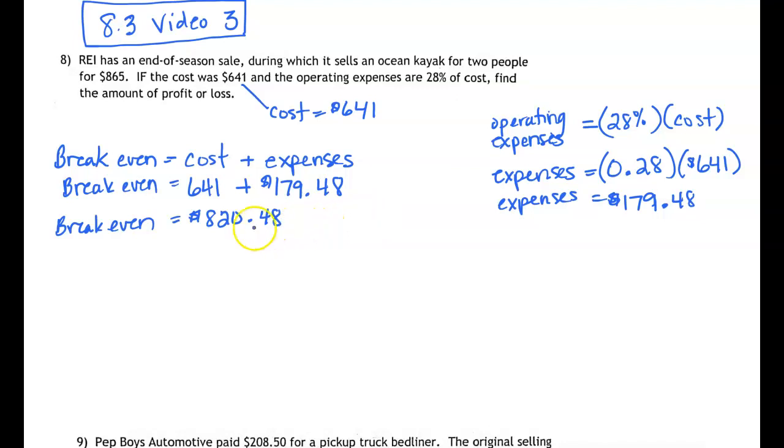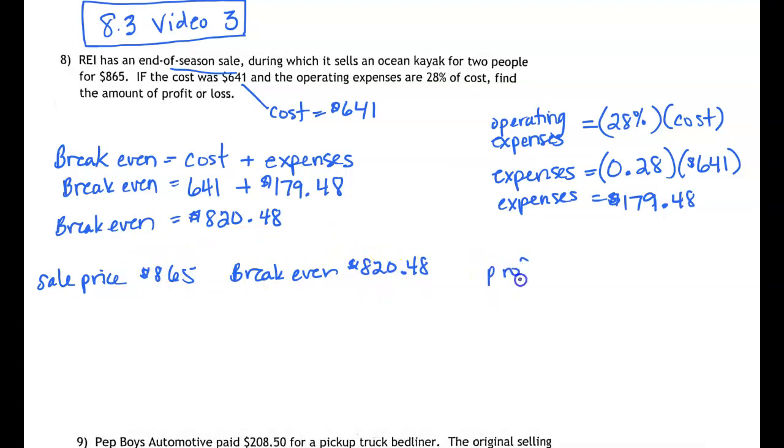What we know is that the sale price of the kayak is $865. And our break even is $820.48. Because the sale price is larger than the break even, there's going to be a profit.